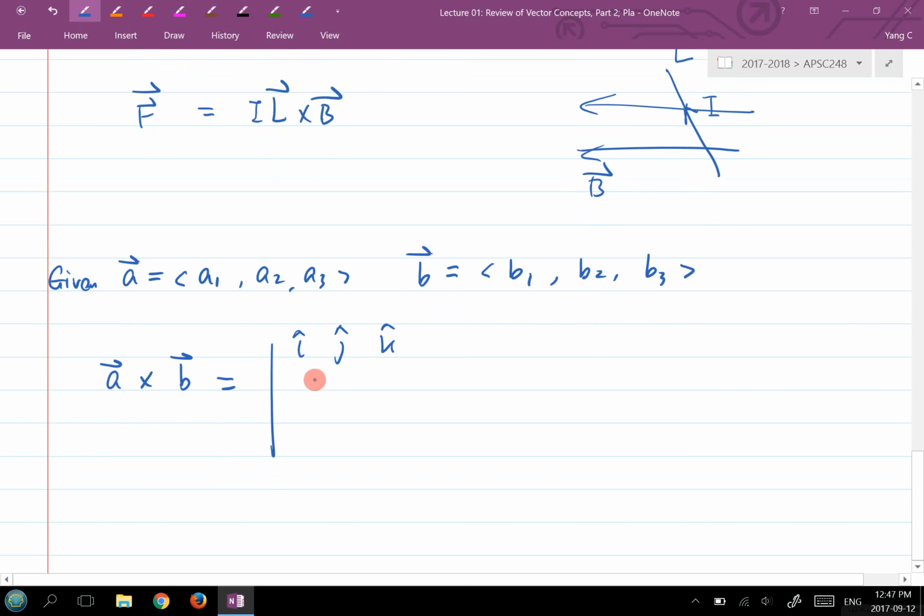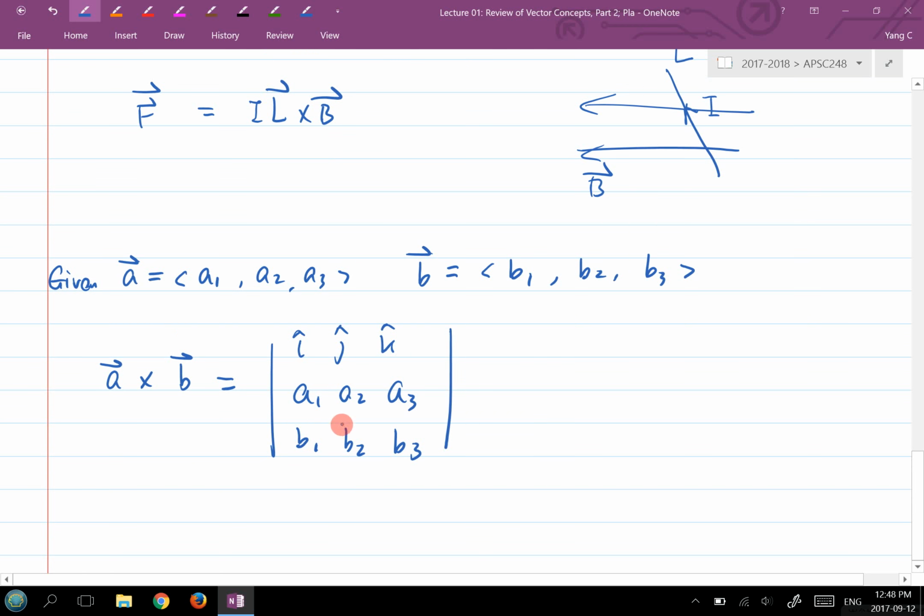Essentially, what you're calculating here is a determinant of a 3x3 matrix. The first row of the matrix is ijk. If you recall from the previous lecture, the symbols ijk represent the unit vectors for the three axes of a Cartesian coordinate system. The second row here is vector A, and the third row is vector B. So to calculate A cross B, you just need to calculate the determinant of this 3x3 matrix.